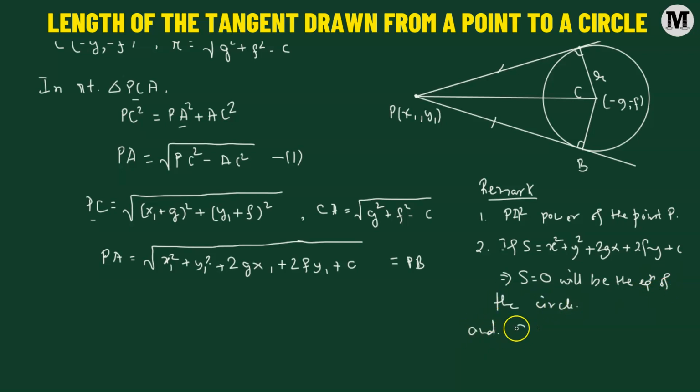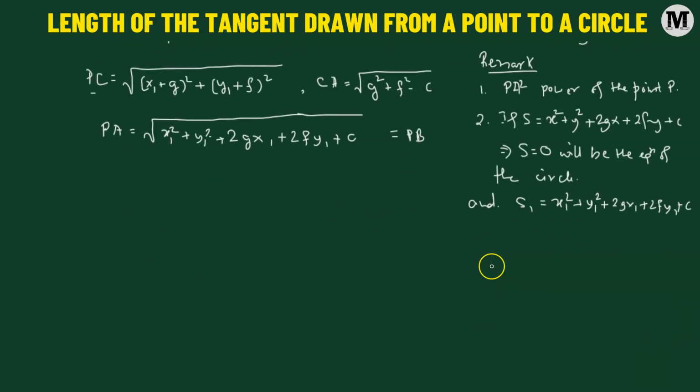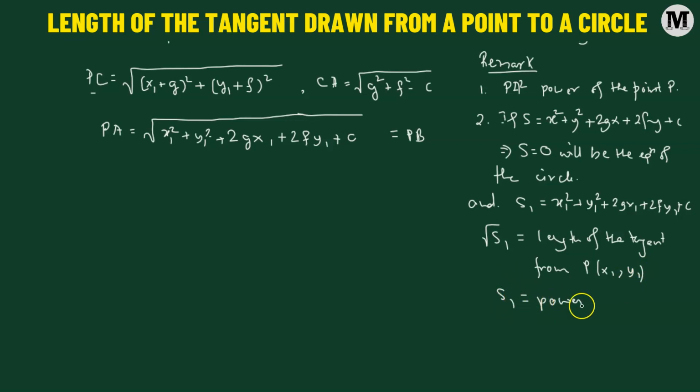And if we denote S1 as x1 squared plus y1 squared plus 2gx1 plus 2fy1 plus c, then the square root of S1 is going to be equal to the length of the tangent from an external point P with the coordinates x1, y1, and if we square it, we get S1, that's going to be the power of the point P.